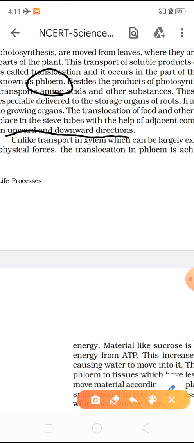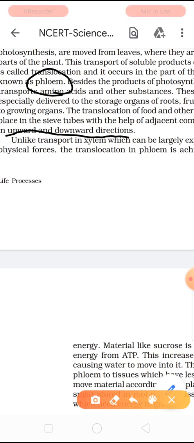So this is a very important point, children. Just listen. Xylem will transport water and minerals in one direction, that is in upward movement, from roots to various parts. So it is only a unidirectional movement.